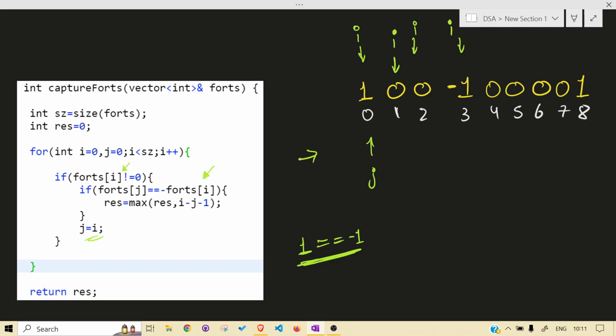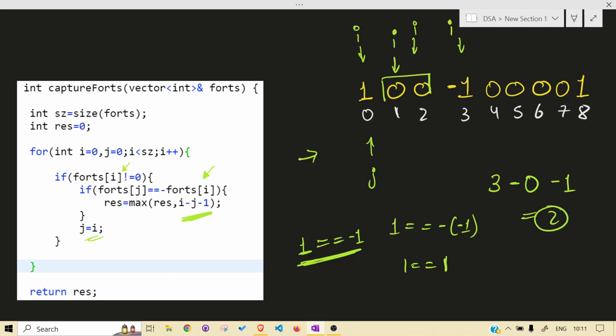What we calculate? Calculate the number of forts, because this condition is now true. Minus 1 and minus 1, this is equal. What we do? What is i? 3. j is 0. Minus 1. That's what we are doing over here. We got 2. Yeah, that is correct. We got 2 enemy forts. This much is all good.